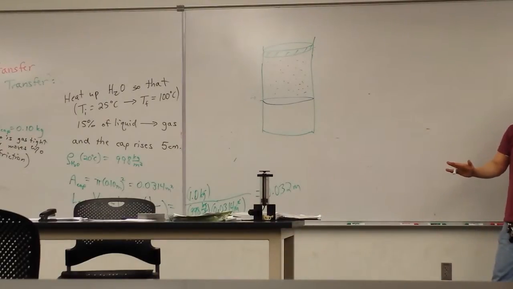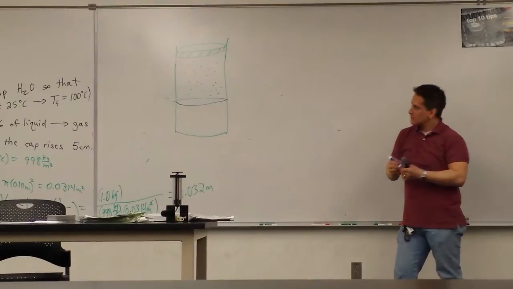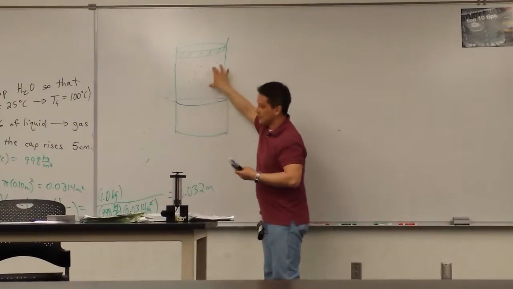Okay, so now we've got this. So what can we say then? Without knowing everything else now, we've got some modifications to make here. Without knowing everything, let's estimate what is the pressure inside here.